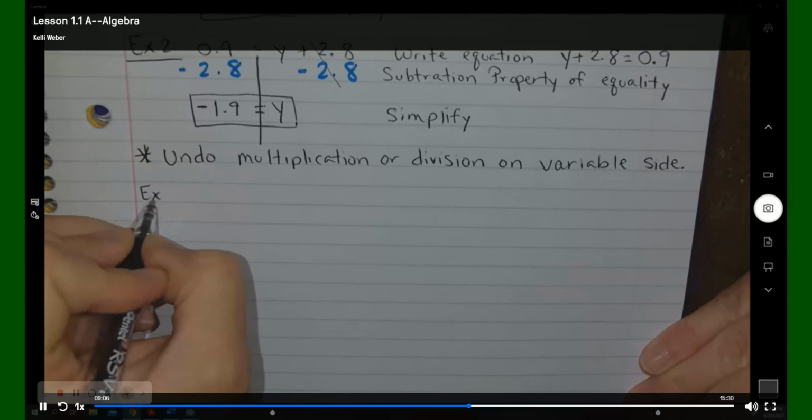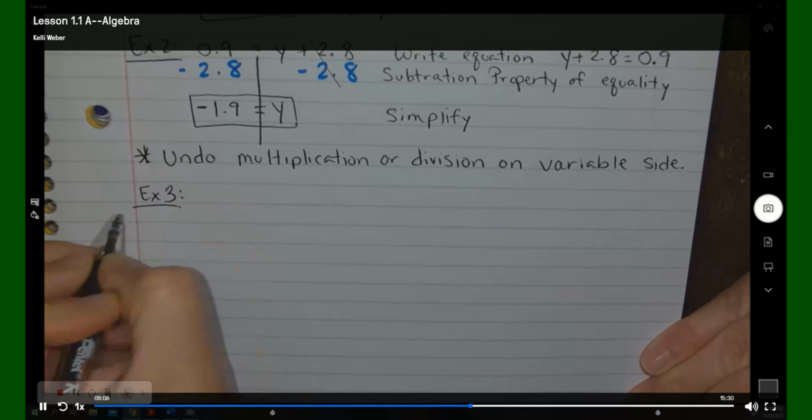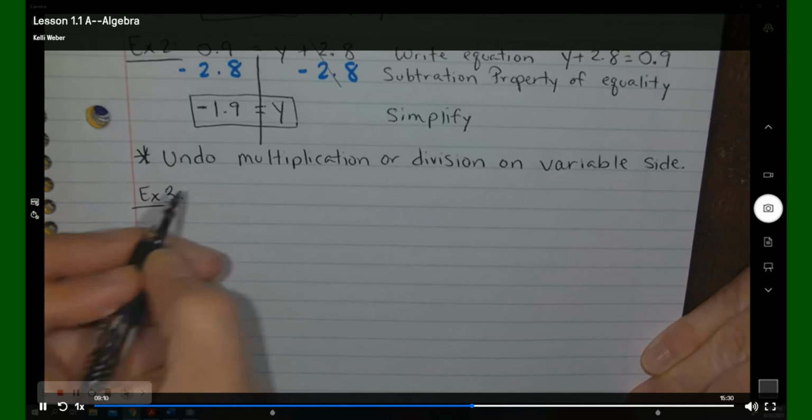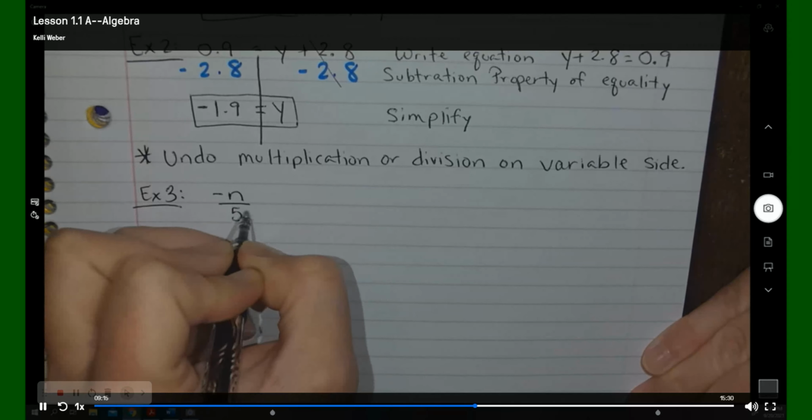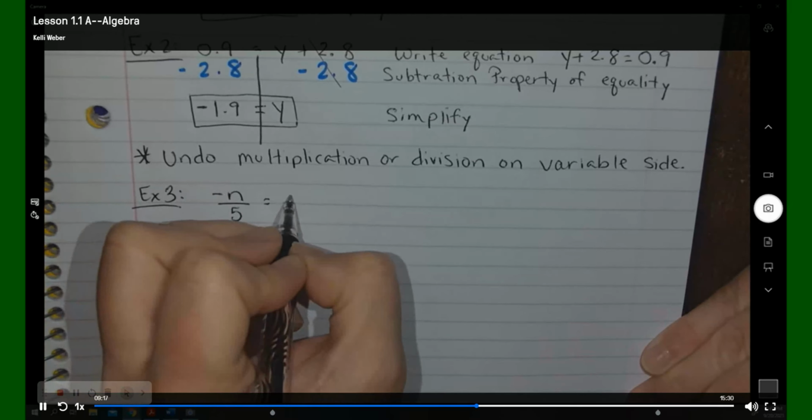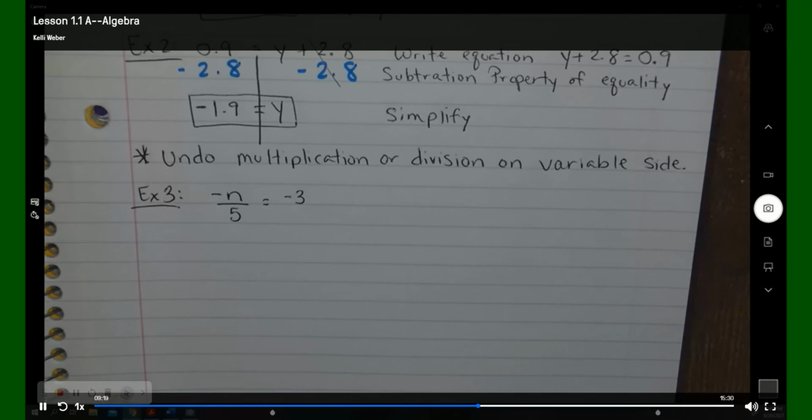So for example 3, we have negative n over 5 equals negative 3. So we've written our equation.